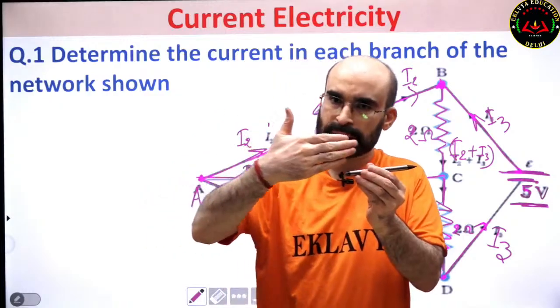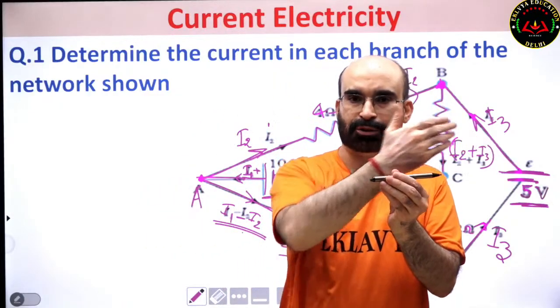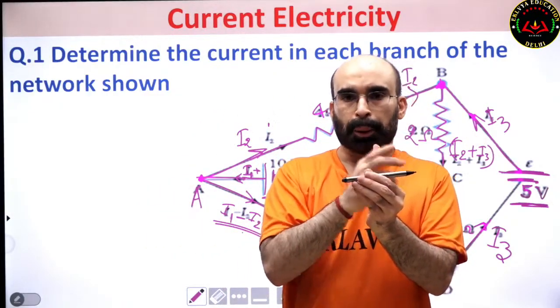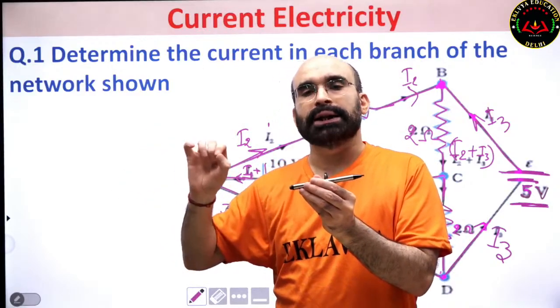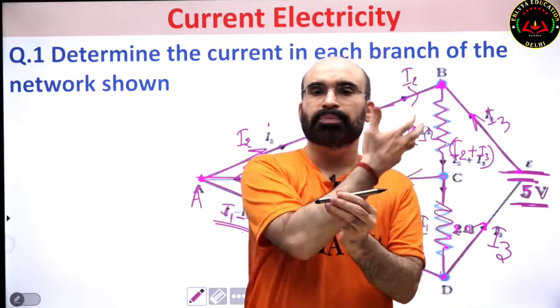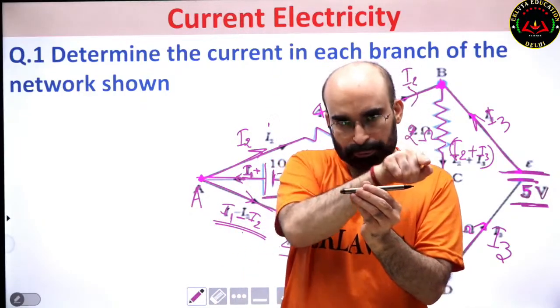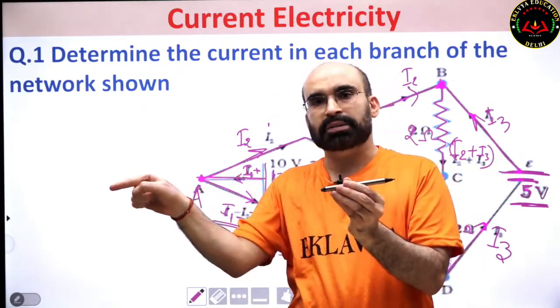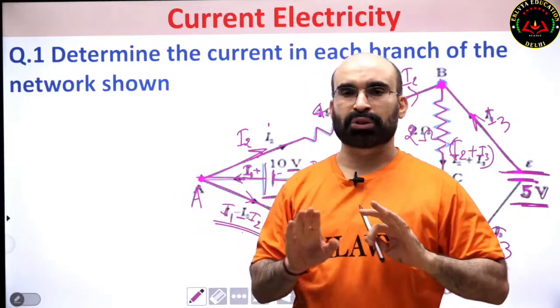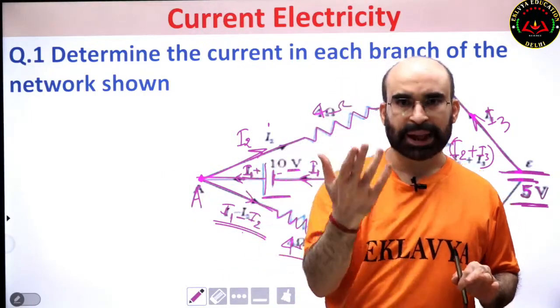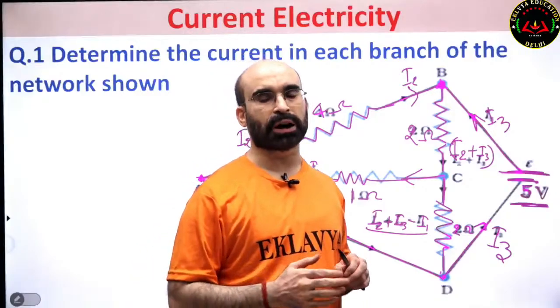You have assumed the flow of current from A to B. When you get the value in negative, that means inside the circuit it will flow in the reverse direction. So nothing to worry about. You may take whatever direction of current.